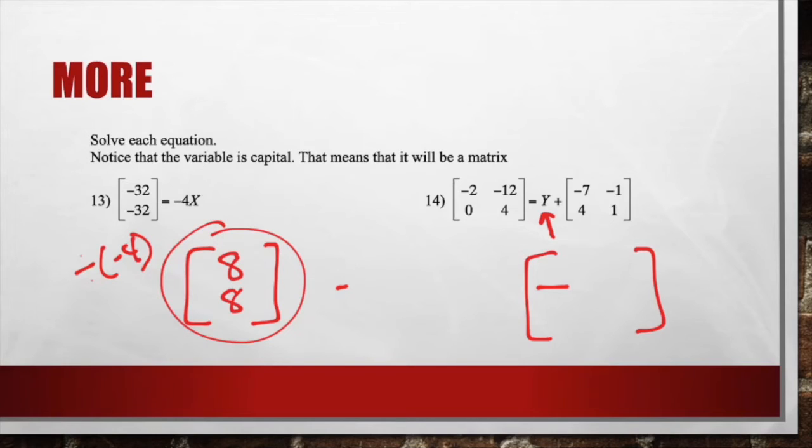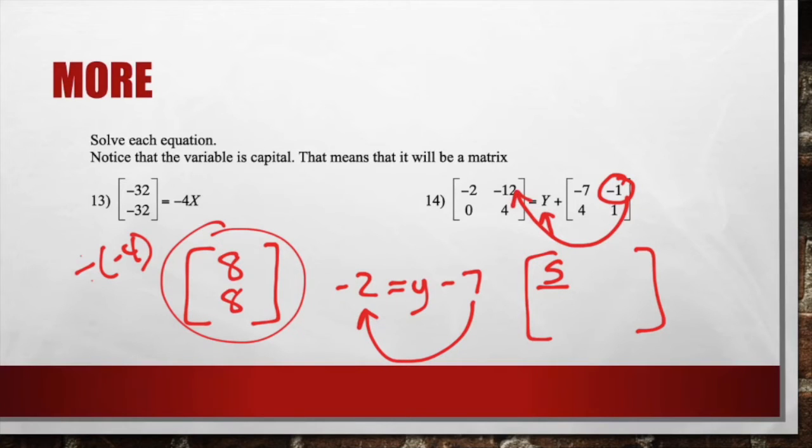For example, I have negative 2 equals that y minus 7. I could just move that to the other side by subtracting the negative 7 or adding 7, which is going to be a 5. We can do the same thing. We can subtract the negative 1 or add the 1 over to there. And I'm going to get negative 11. For this one, we're going to subtract the 4 over to here. So I'm going to get negative 4.